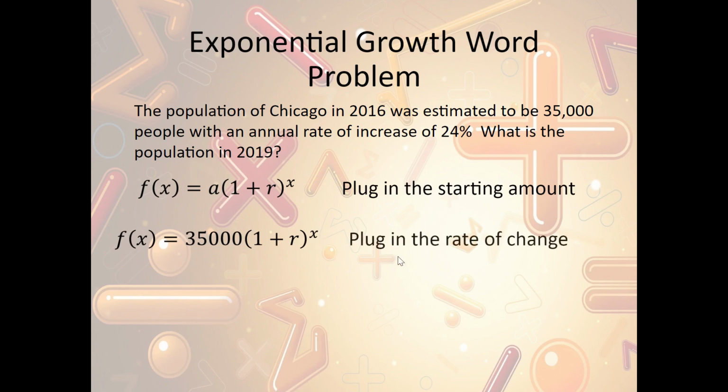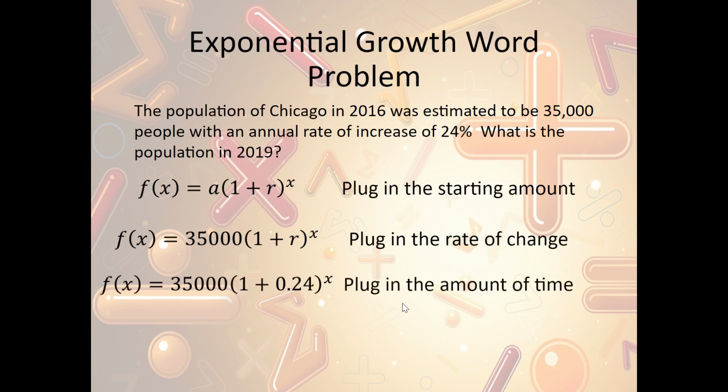Then we're going to plug in our rate of change. Well, we can see that it changes by 24%. Well, 24% we need to write as a decimal. So this is really 24.0%, right? So we're going to move the decimal back 2 places, 1, 2. So it should change to be 0.24. And then lastly, we're going to plug in the amount of time.